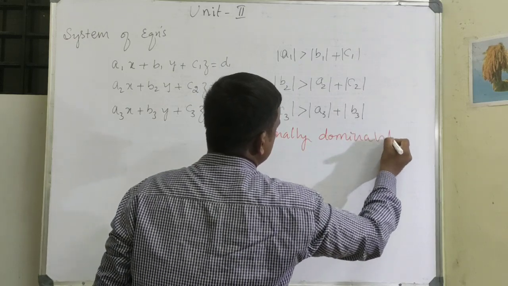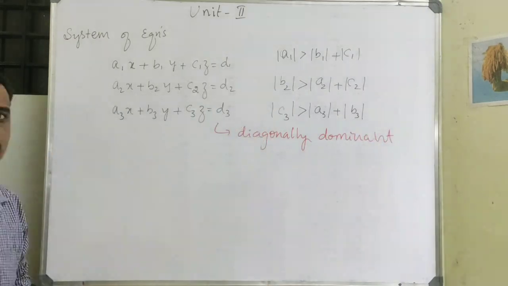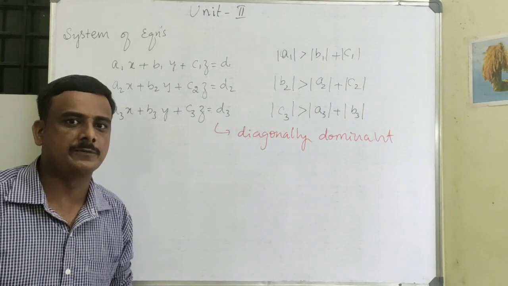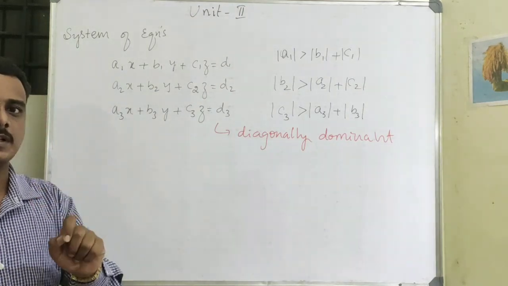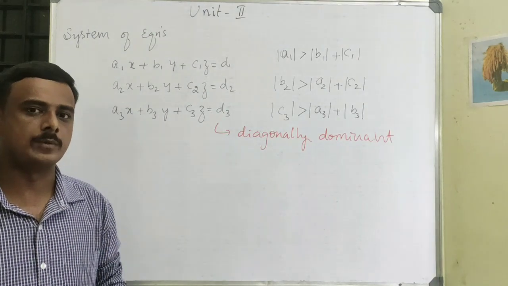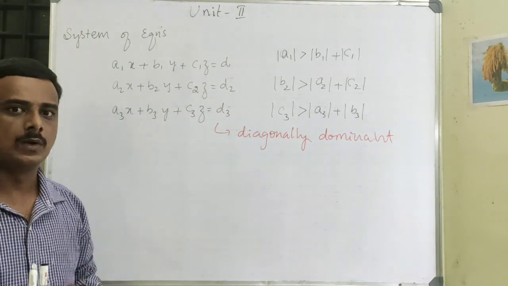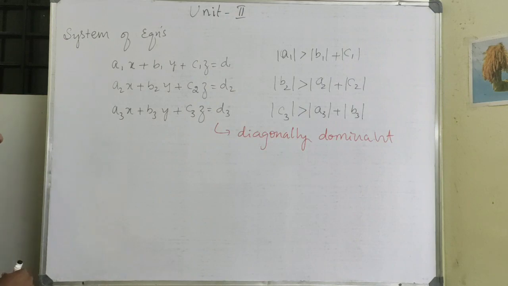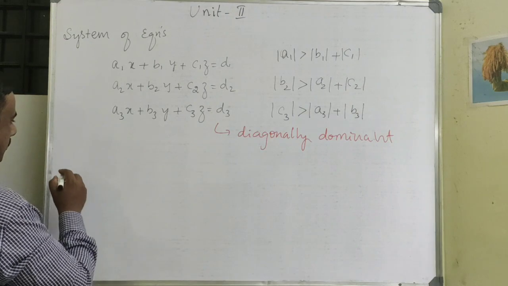Whatever methods we are going to discuss here work only for systems of linear equations which are diagonally dominant. If they are not diagonally dominant, then these methods won't work. Here we will discuss four important methods.